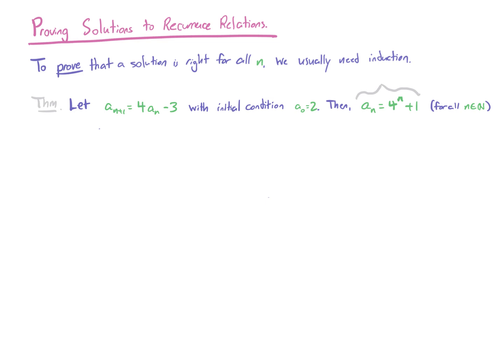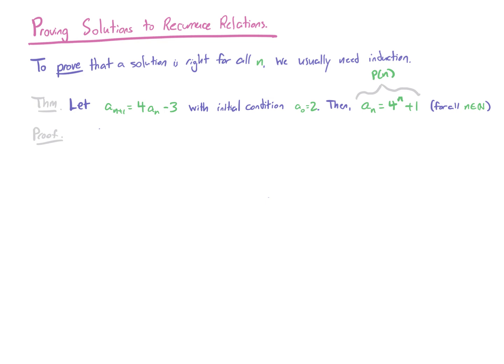That formula is actually my P of n, my proposition depending on n that I want to prove with induction. So what I need to do is show that this formula satisfies this recurrence relation for all n, and I'm going to do that with a base case and an inductive step in the standard proof by weak induction. So here we go. Let's do a proof.